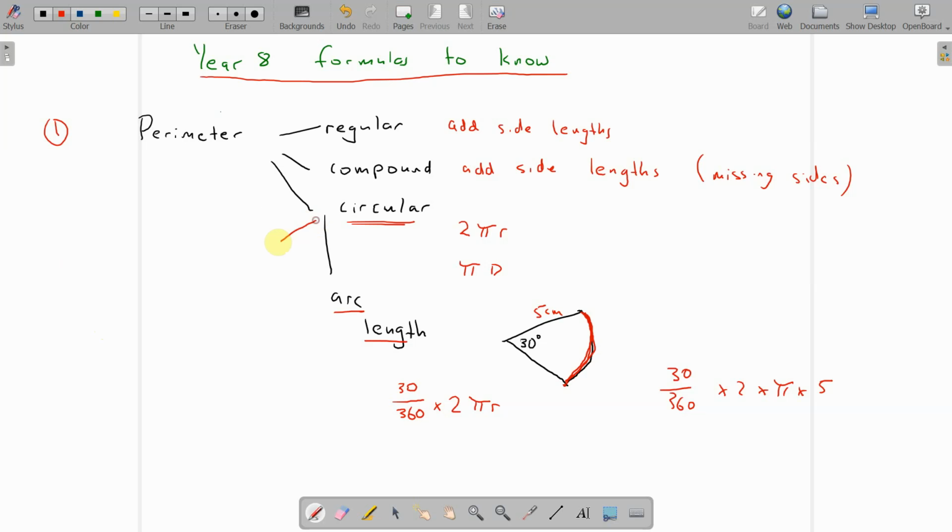The last bit is where you've got to work out the perimeter of this, and that includes these bits here.